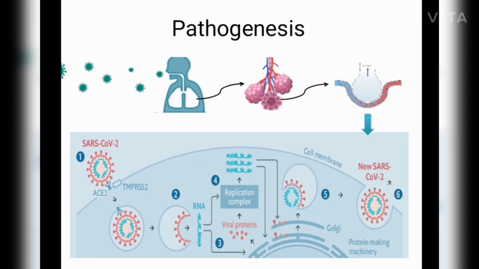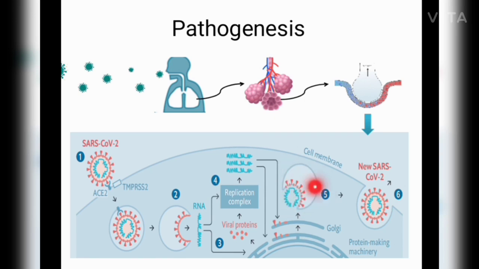At the same time, this viral RNA is also producing RNA polymerase enzyme. This RNA polymerase enzyme will synthesize many copies of RNA. Now, both the viral protein and RNA assemble in the Golgi bodies to become a new virus.